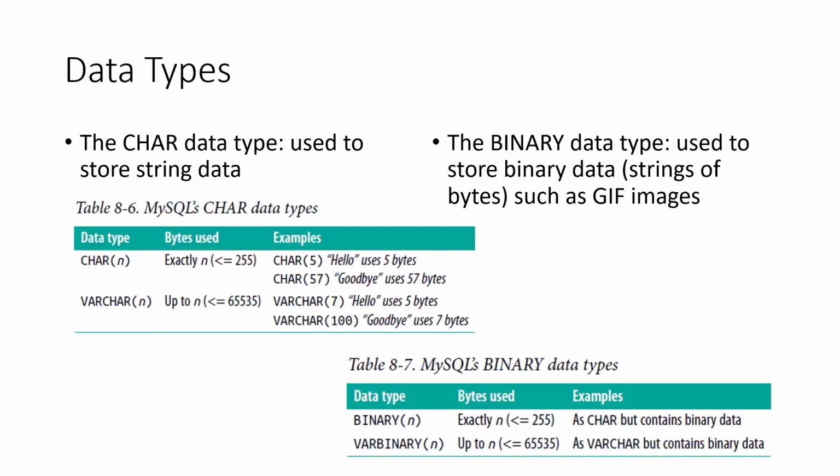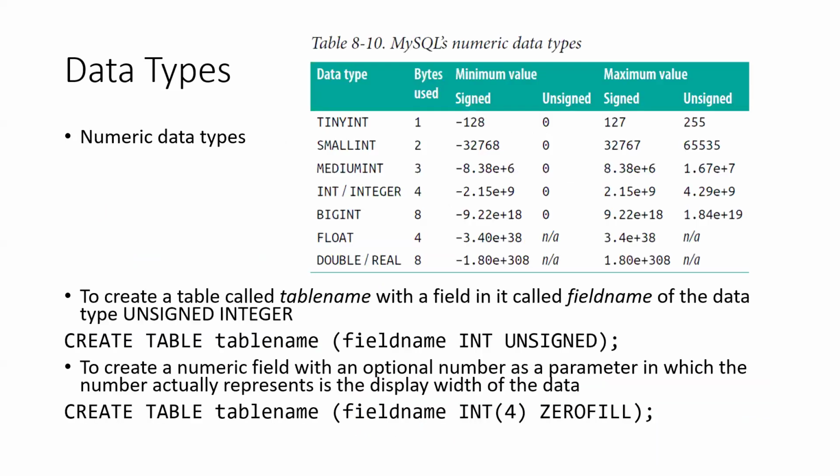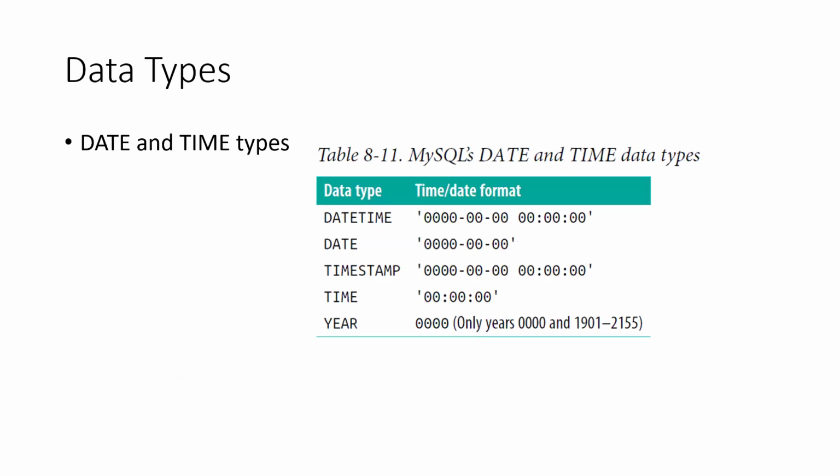We discussed 2 types, string and then numbers. The third one is if you want to use date and time. Depending on whether you want to use both date and time or time only, you can use different data types in MySQL. If you use datetime, you can use both the date as well as the time in this format.